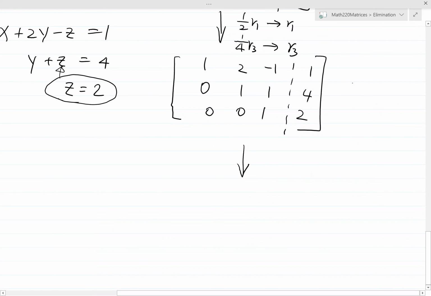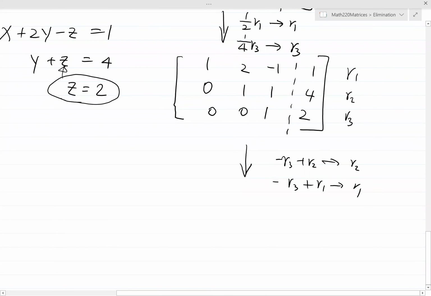So this is R1, R2, R3. So what you do is negative R3 plus R2, replace R2. And then negative R3 plus R1, replace R1.